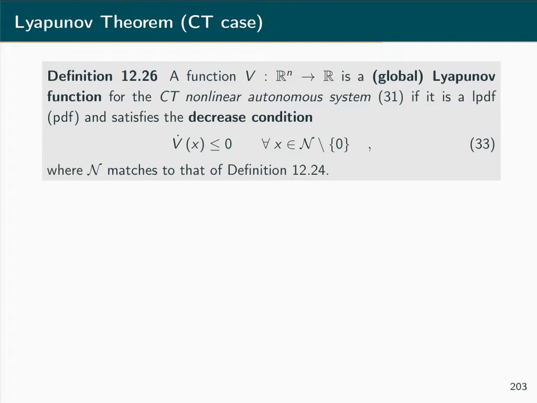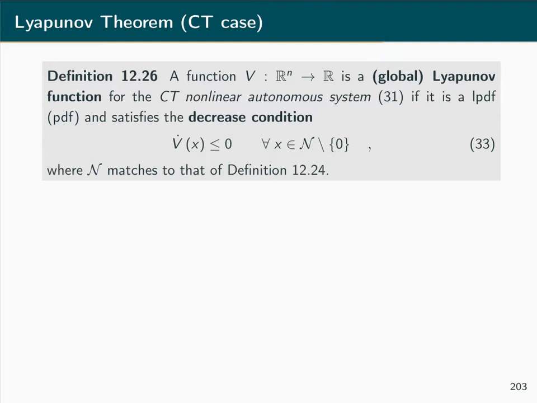To this end, we can first define a function V to be a Lyapunov function for the continuous time nonlinear autonomous system if it is a locally positive definite function and it satisfies the decrease condition: V dot of x has to be non-positive for all x in the neighborhood, which matches that of definition 12.24.